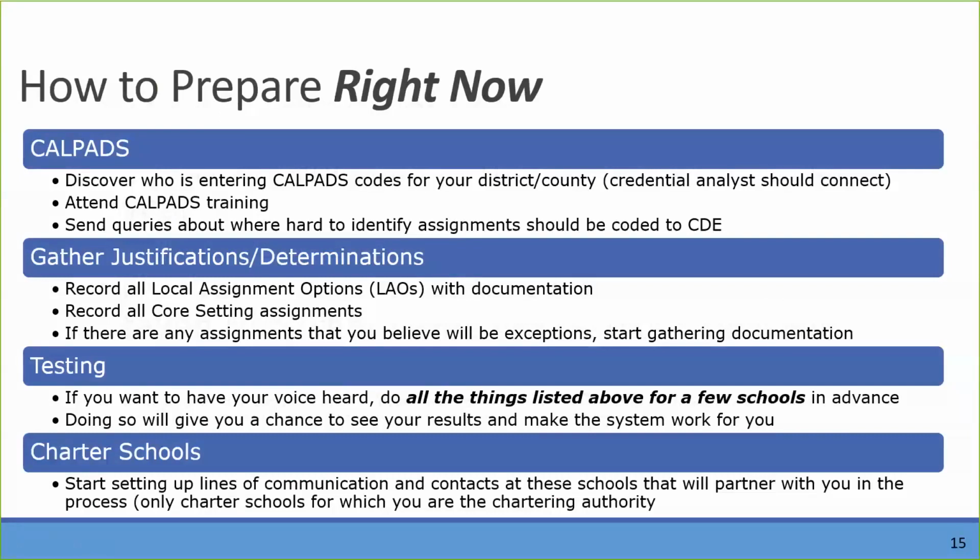Your curriculum and instruction person should connect with that person. Maybe it is your curriculum and instruction person, but some districts are entering really clean CalSAAS codes that are really appropriate for the courses, and sometimes someone's just making their best guess, and it's maybe not the accurate CalSAAS codes for that particular course. And that's one of the things that a testing year can tell you.